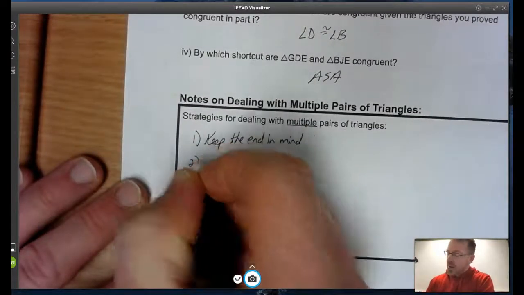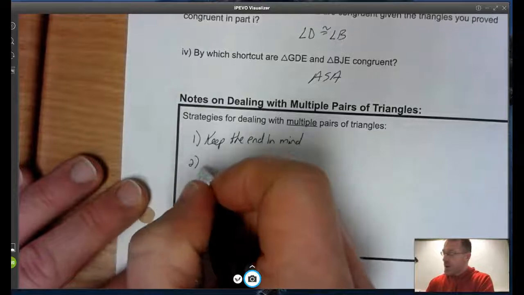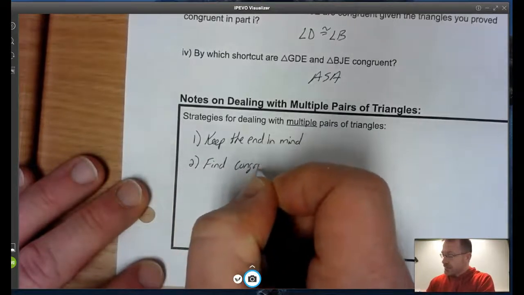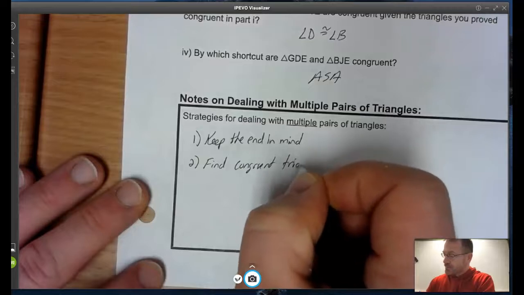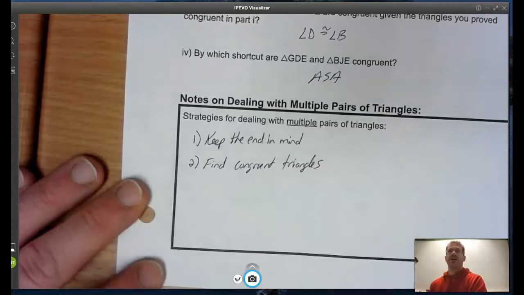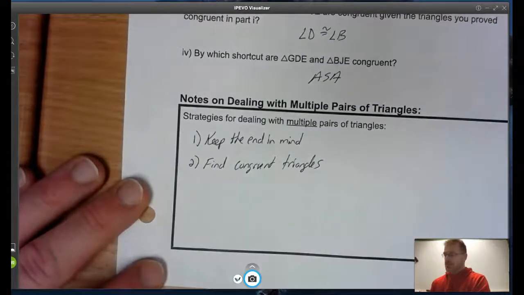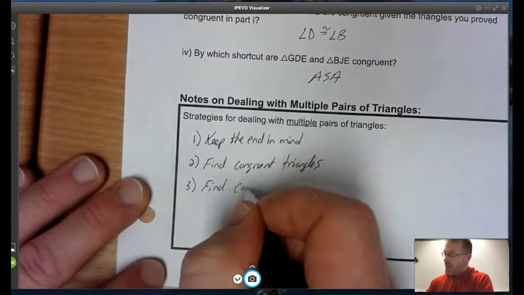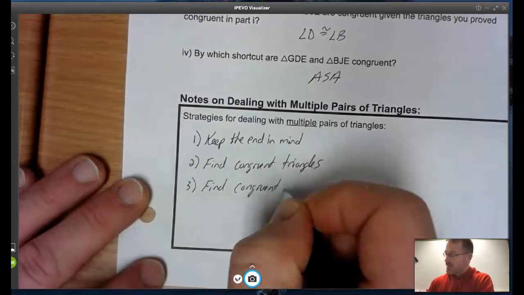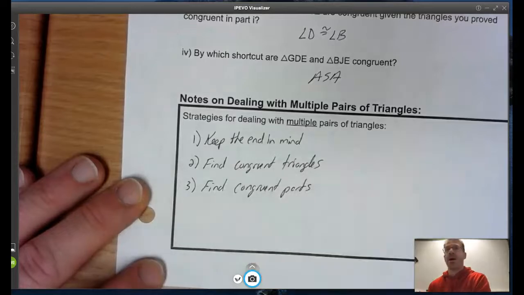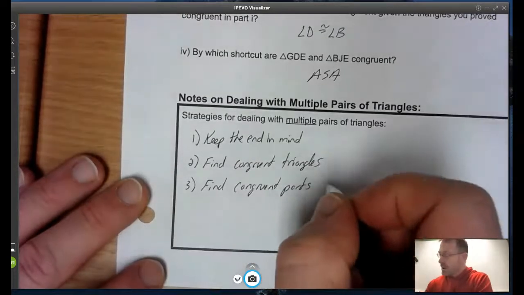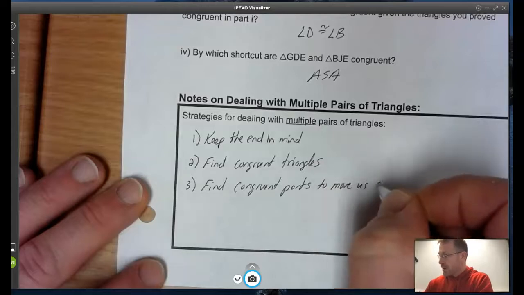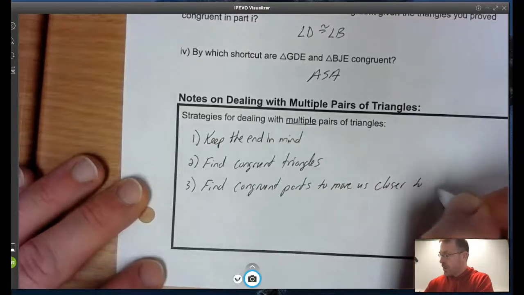Then what you want to do is find some congruent triangles, and then find congruent parts to move us closer to our end goal.